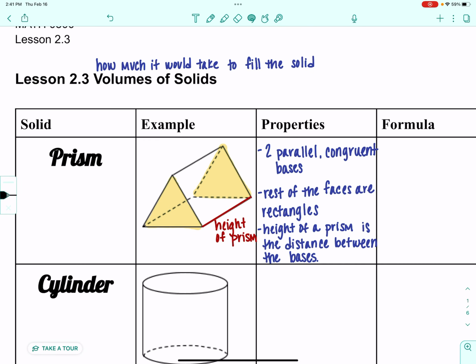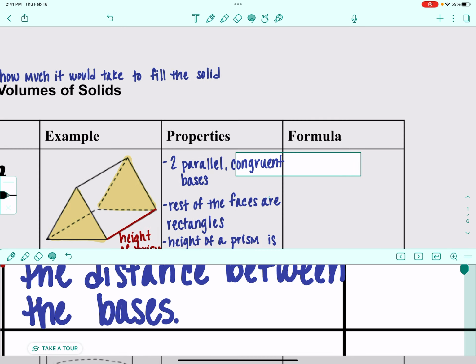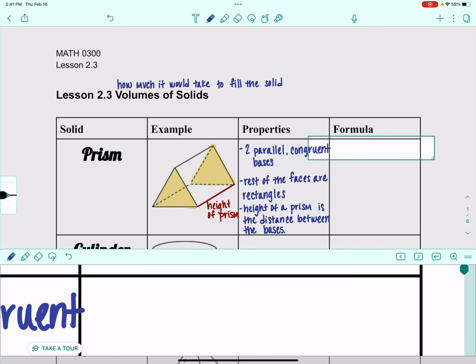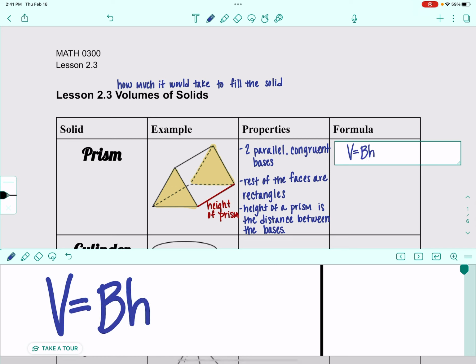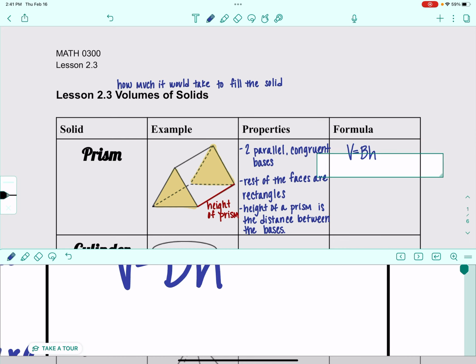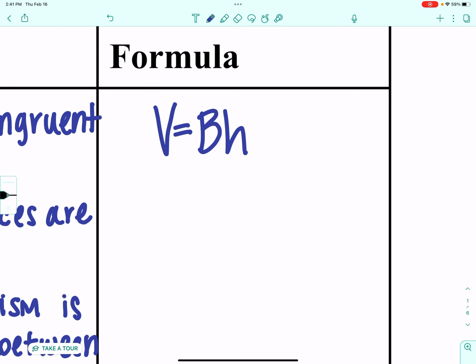When we need to calculate the volume of any type of prism, we are going to use V equals capital B times H. Now that's pretty useless unless you know what the capital B stands for. Remember how I told you it was important to be able to identify the base of your prism?